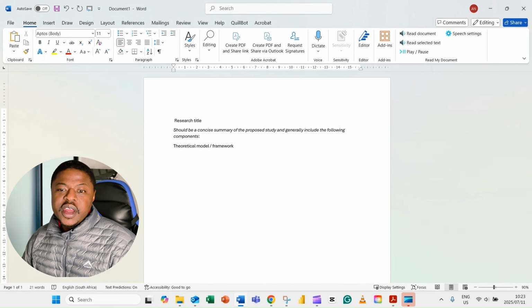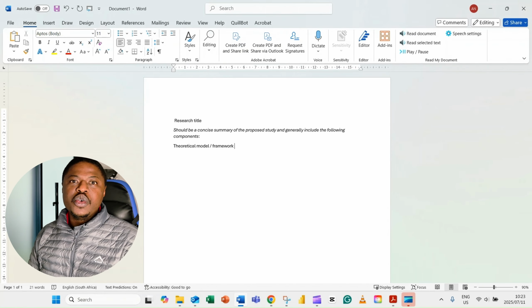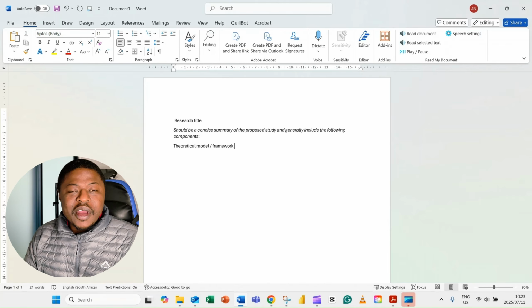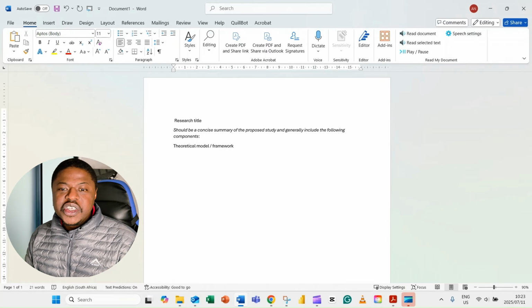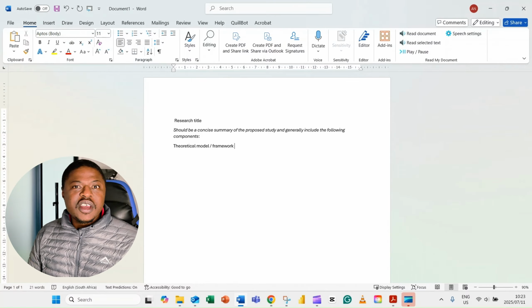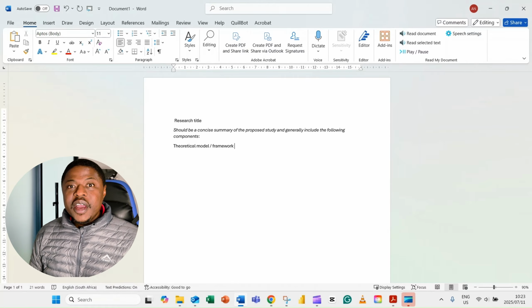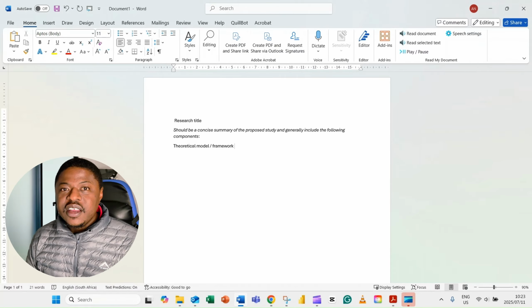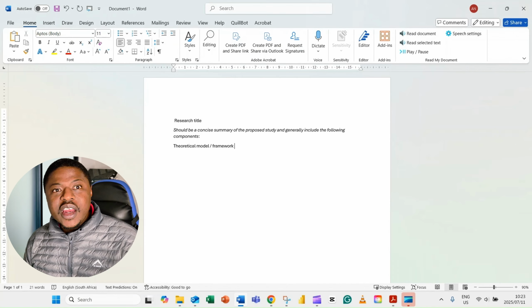For example, if you're in marketing, there are a lot of frameworks. You could be looking at the service quality of a restaurant. If your research is going to be about service quality at restaurants, or at retail, or in any type of service business, there are different models out there, like the ServQual model, which you can research and look at other articles.